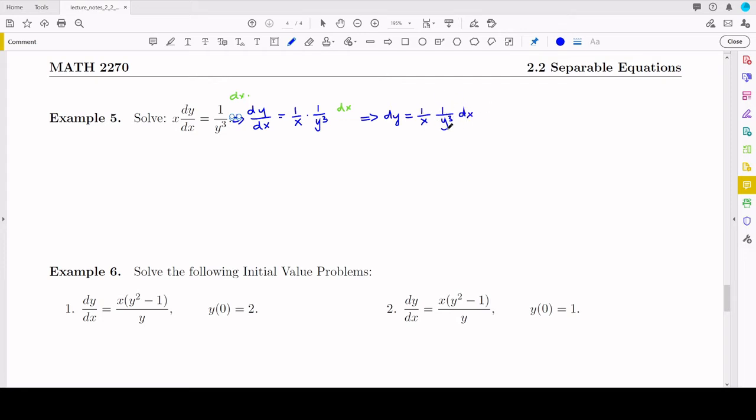Now we want to bring that 1 over y cubed to the other side because we have a dx here. So we multiply both sides times y cubed, and that gives us y cubed dy equals 1 over x dx.